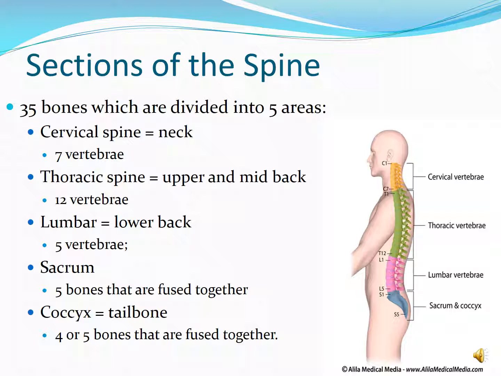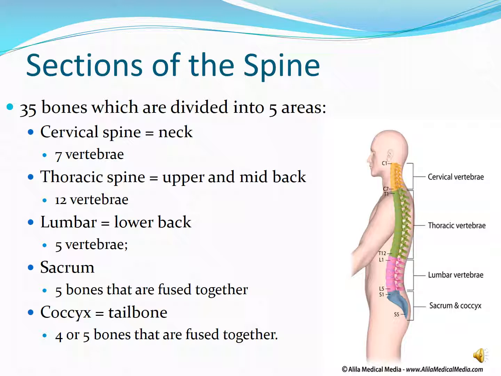So our sacrum started out as multiple bones that fuse together. And our coccyx, that is our tailbone. So it's remnants of a tail that we no longer as humans have or perhaps never had. And so these are going to be very, very small little bones that will also fuse together.